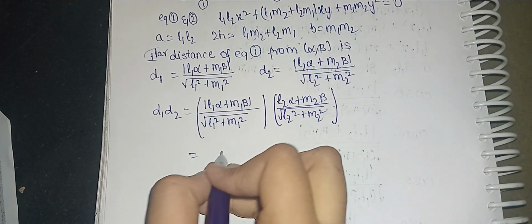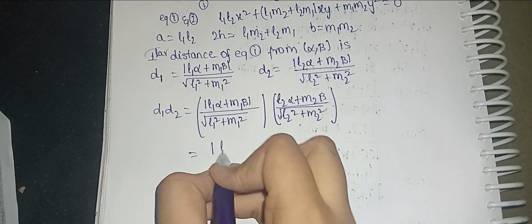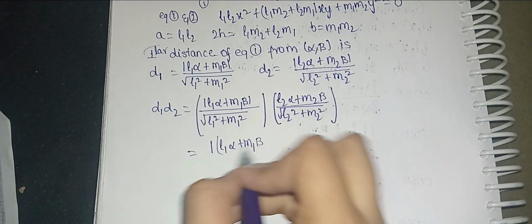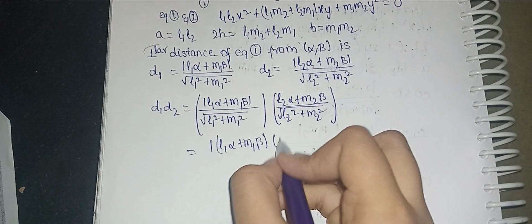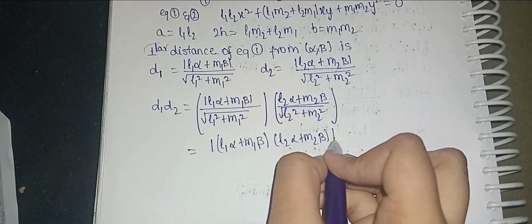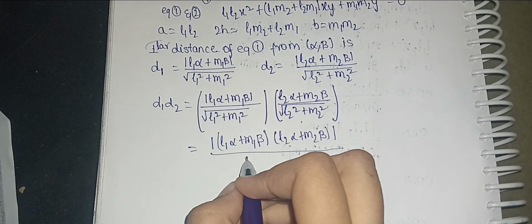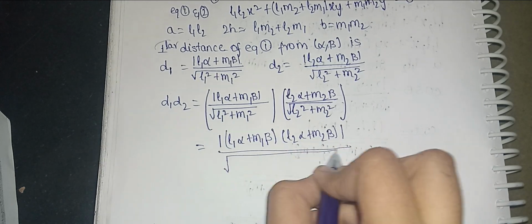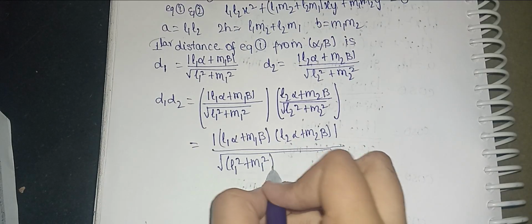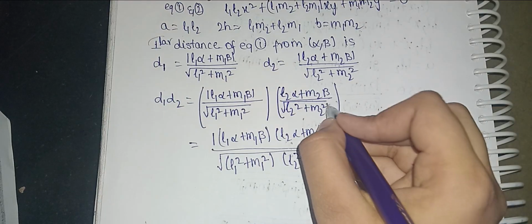It will be mod L1 alpha plus M1 beta into L2 alpha plus M2 beta. Mod we have to keep like that only. Next, root over L1 square plus M1 square into L2 square plus M2 square.